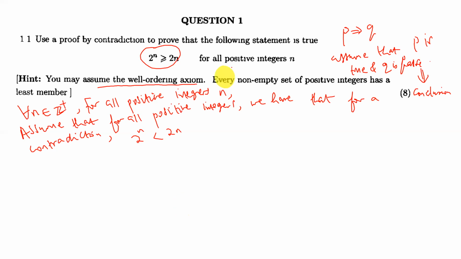But we know that according to the well-ordering principle, every non-empty set of positive integers has a least member. So which means, therefore, we can consider the least member in the set of positive integers. What is the least member? The least member is 1.